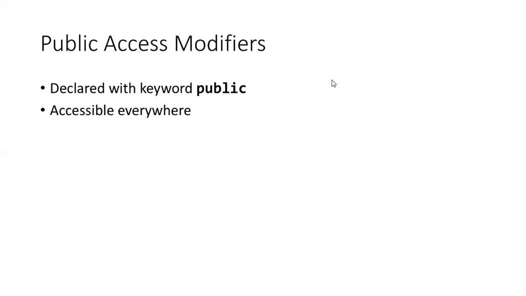Anywhere in the program or outside the program, this data member is accessible. We can declare it like this. Suppose it's a data member. I have declared instance variables like this, say int length.